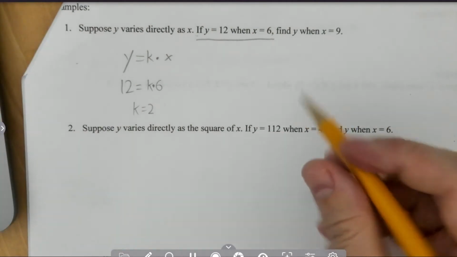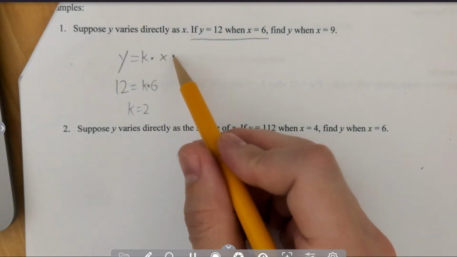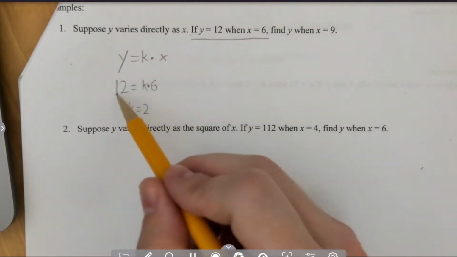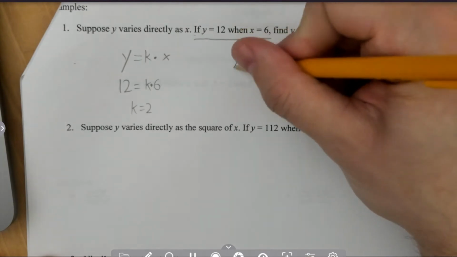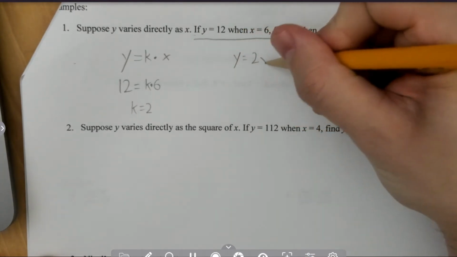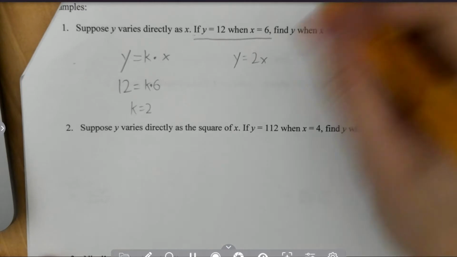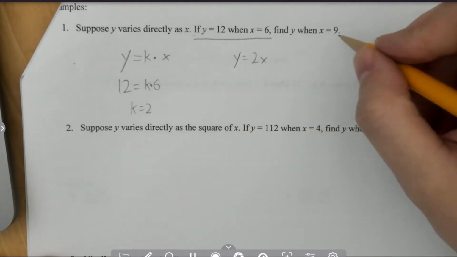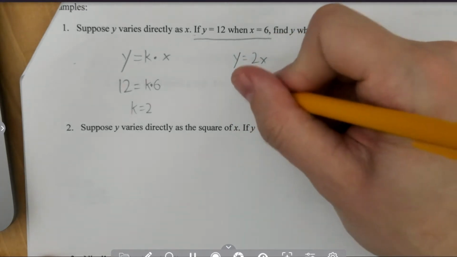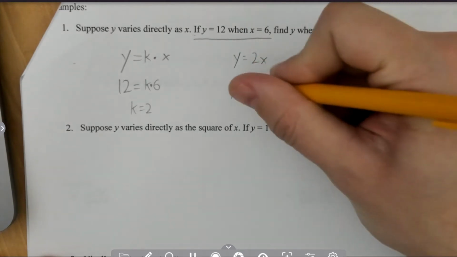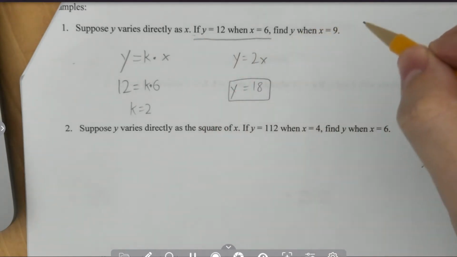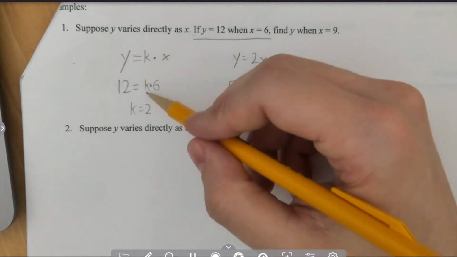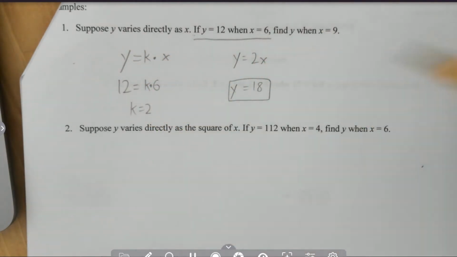So that's already the first 3 steps: write the equation that follows the wording, plug in the given info, and find k. Now it's time to rewrite the equation with k known. I know that k is 2 for this relationship. Now it says find y when x is 9. If I plug in 9, I get 18, and I'm done. It's not too bad, but it's an unspoken 3-step process: set up the equation, solve for k, use k, get the new value.